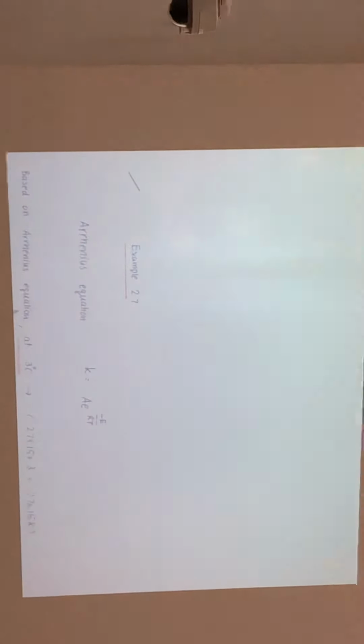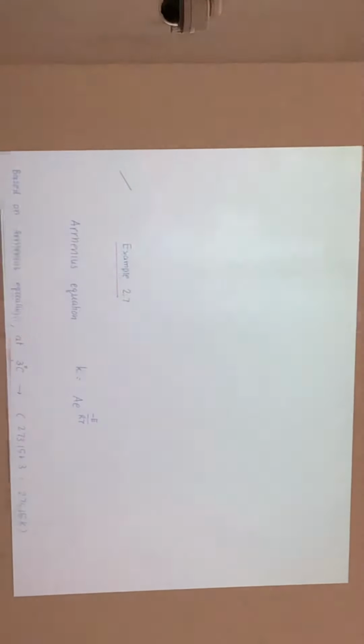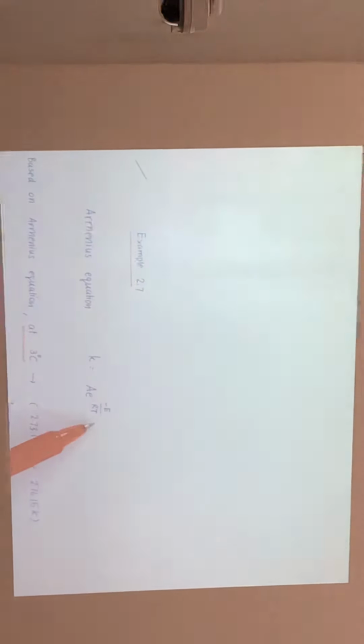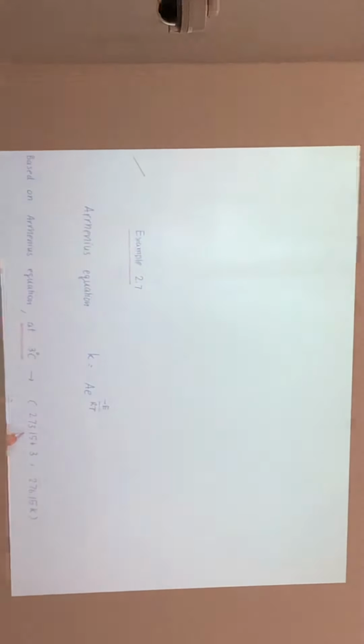Based on the Arrhenius equation at 3 degrees Celsius, do remember that the temperature here must be in Kelvin. So how can we change 3 degrees Celsius to Kelvin? Plus 273.15, and then you get 276.15 Kelvin.